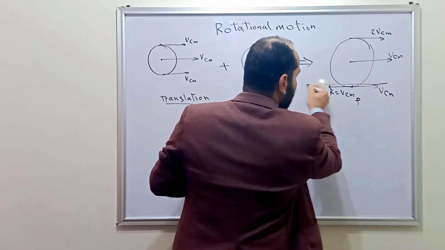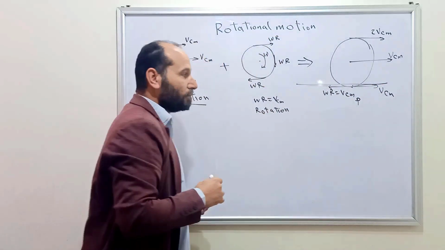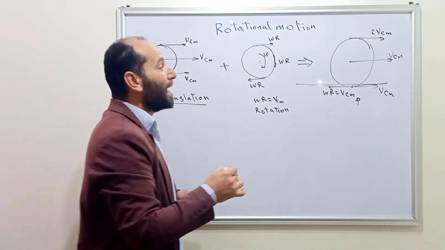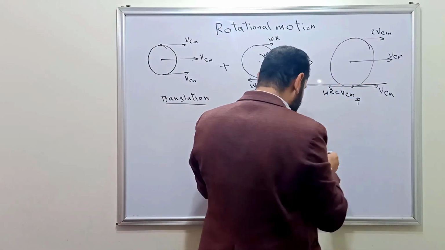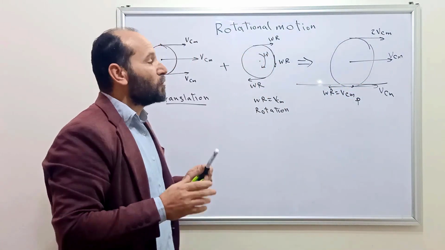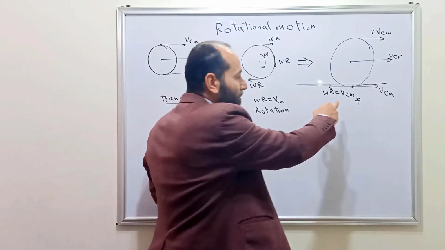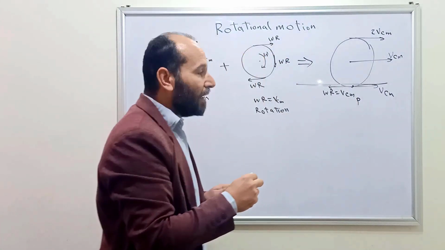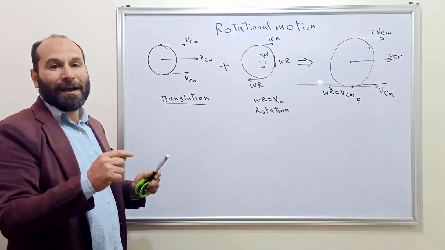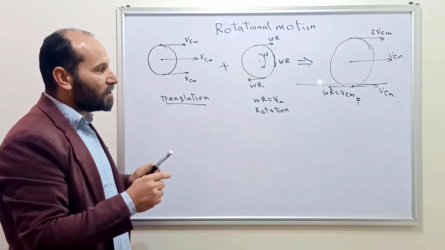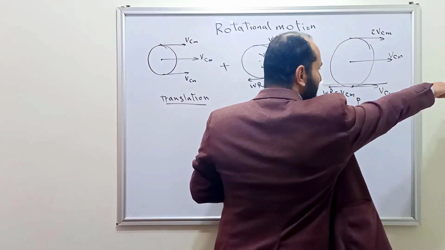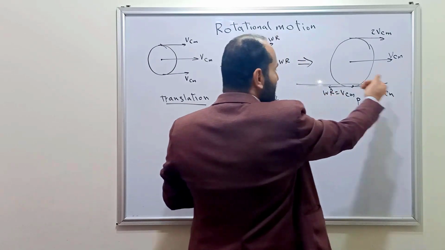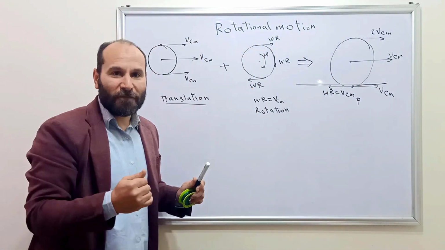So this point B has no relative velocity, because VCM in this direction and the opposite direction have the same magnitude.